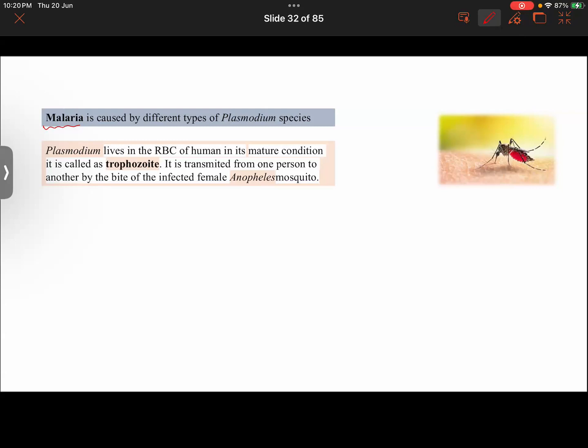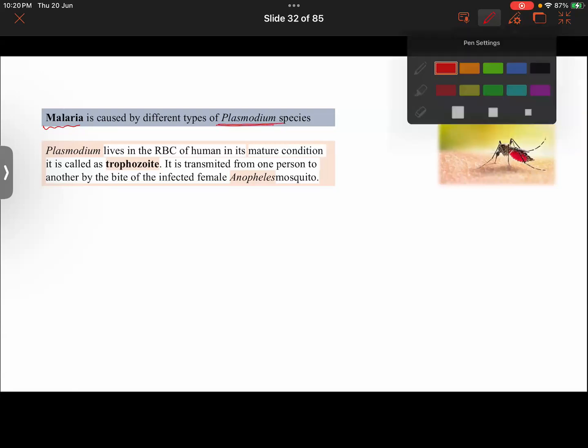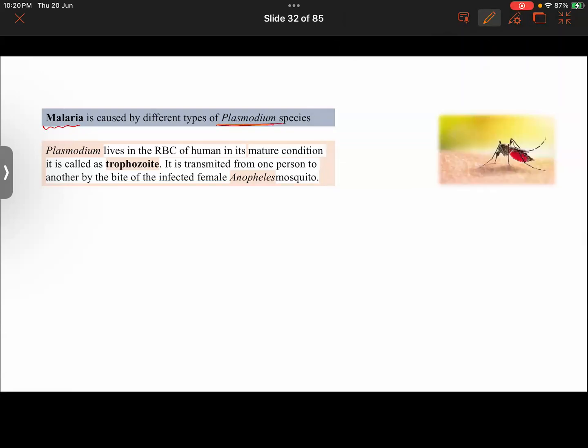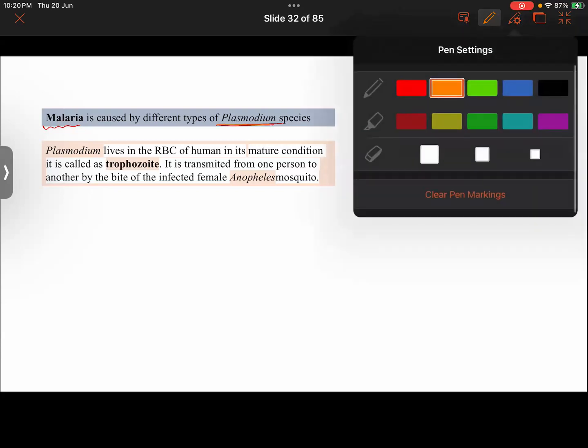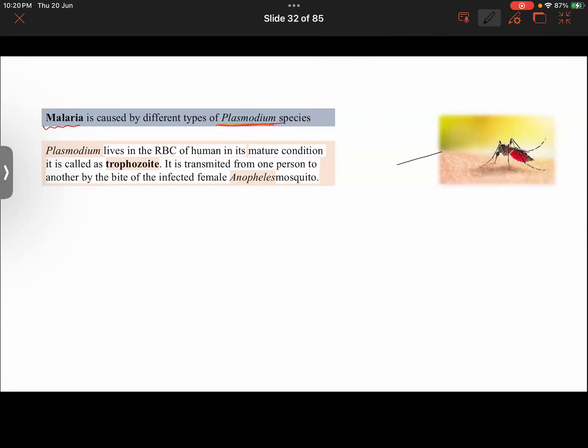The most common disease caused by protozoa. The name of the protozoa is Plasmodium. So there's a protozoa called Plasmodium that is known to cause this disease called malaria. So what basically happens? Say there's an infected person, and this mosquito is feeding on the blood on the hand of this infected person.